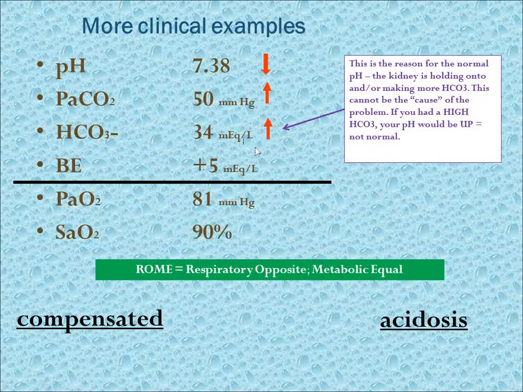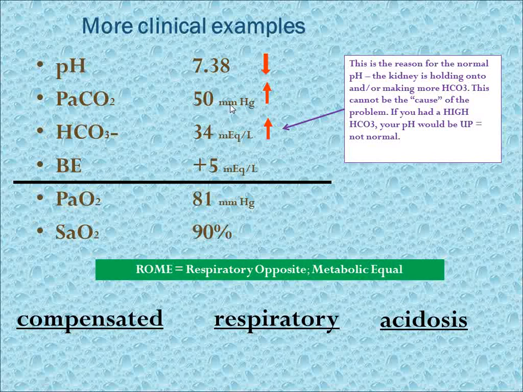So what's the deal with the bicarbonate? Why is it abnormal? Because the kidneys have had time to respond. We don't know how long this has been going on, we weren't told. We know that because the kidneys are able to respond within a few days, this individual has probably had this CO2 elevation for quite some time.